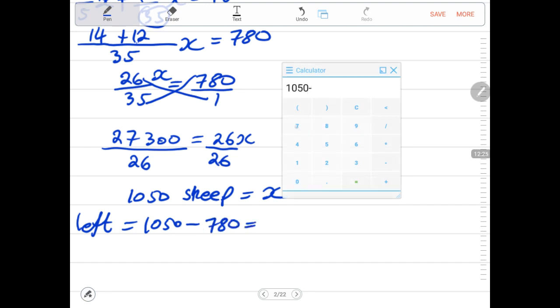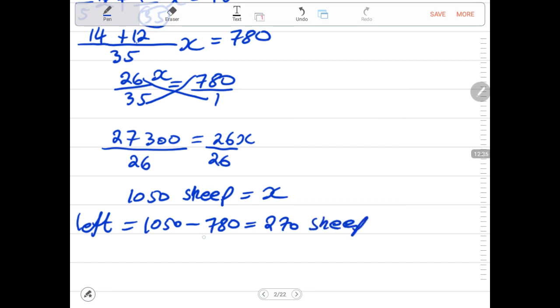This will give us the number of sheep that are left, meaning the closing inventory of his sheep: 270 sheep in total left at the end of the sales of January. So we responded to the question. This is what they wanted from us.